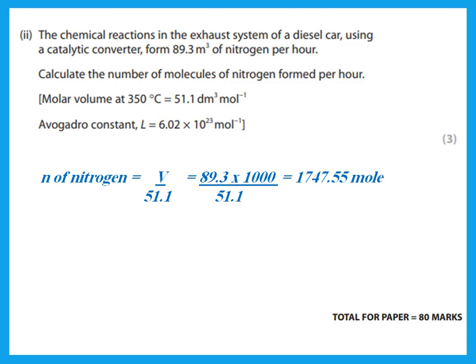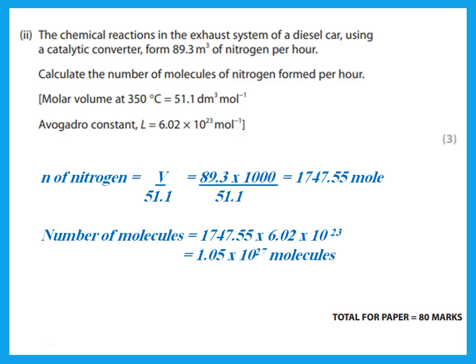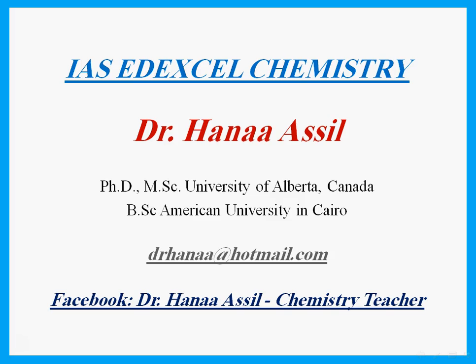In order to put it in this equation, it has to be in decimeter cubed, and for meter cubed you multiply by 1,000 to change it to decimeter cubed. So now you have the number of moles, and he wants the number of molecules. You should remember that the number of molecules is number of moles times Avogadro's constant. So that comes out with this number of molecules.